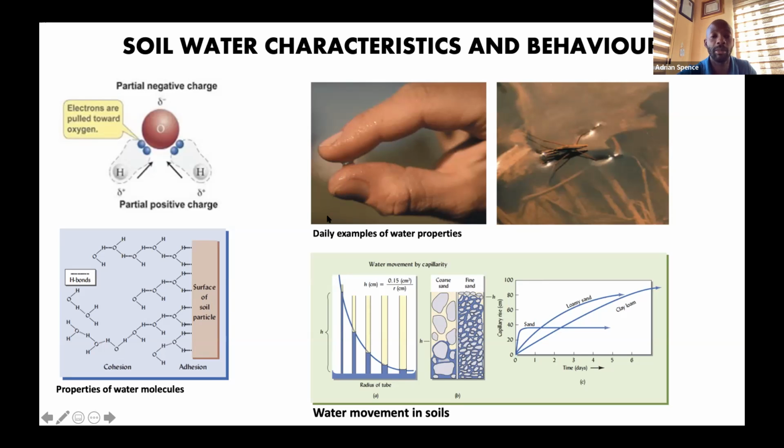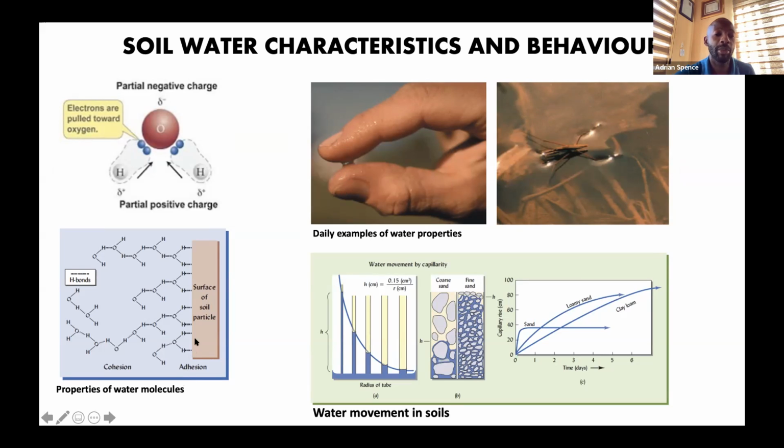Because the hydrogen bonds are weak, these bonds are easily broken. So if you pull the fingers apart, then that's that. But once the molecules are close enough, then they will tend to stick to each other. And that's cohesion. Now, cohesion is important because it facilitates water movements.